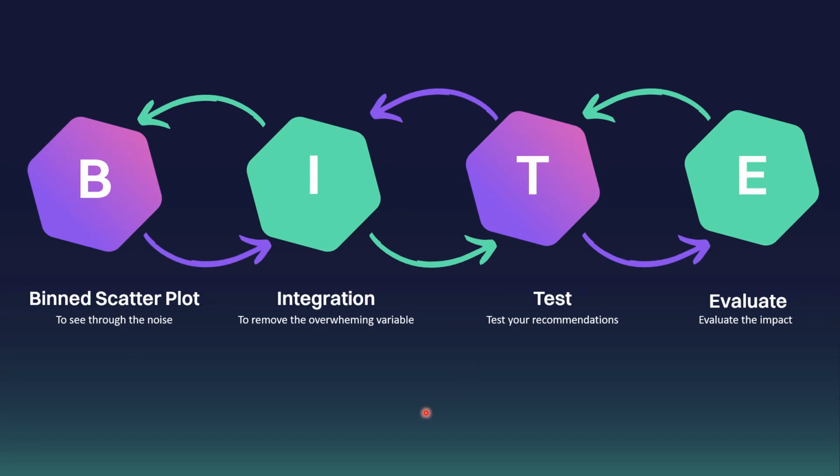T is for test. There could be so many ways you could test your recommendation. After a few cycles of looking at some bin scatter plots, integrating, and looking at the bin scatter plots again, you might come to a recommendation or a hunch, or you have some metallurgical understanding of the data that you're seeing, and you have this idea that, okay, I think this is the way we should go, or I think this area is better than this area, and you want to test that statistically.